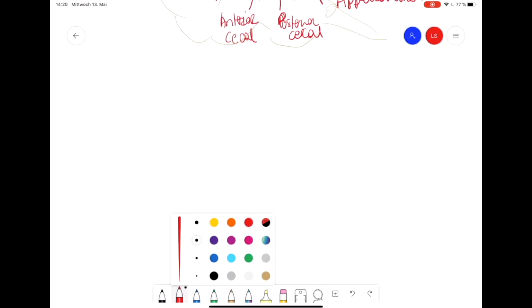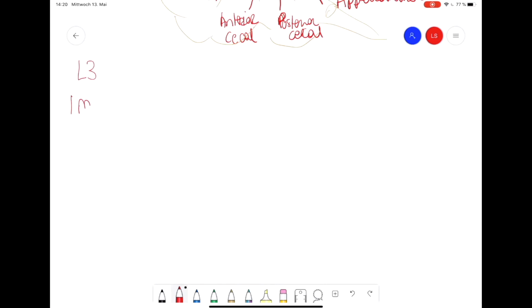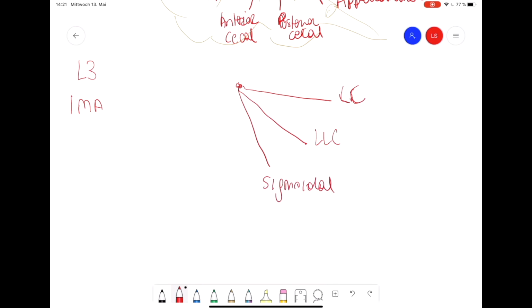artery, which is at the level of L3. And it's very simple, has left colic branch, lower left colic, and then we have sigmoidal and superior rectal.